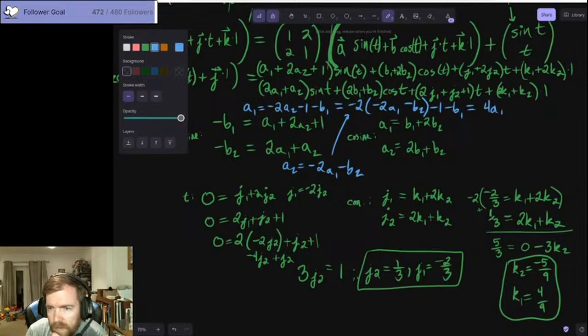4A1 plus 2B2 minus B1 minus 1. Okay, so 3A1 is going to be equal to B1 minus 2B2 plus 1.